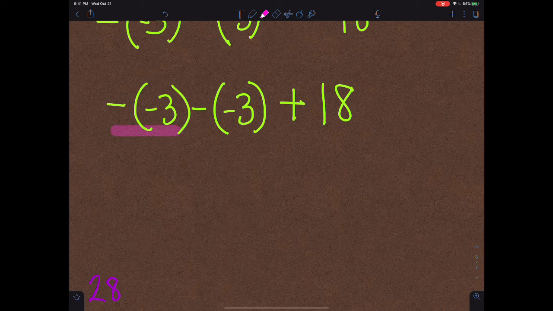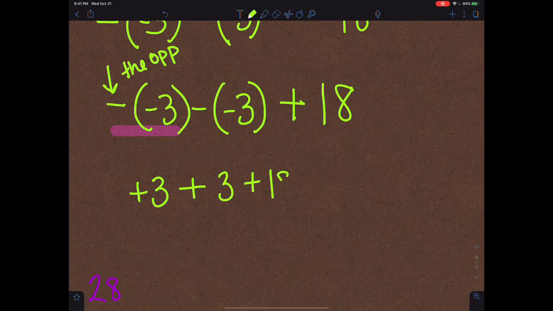I don't like any of this. So let's do minus a negative 3. This negative sign means the opposite of, and the opposite of negative 3 is going to be a positive 3. And then minus the other negative 3 is going to be plus 3, and then plus 18. So I think the answer is 24. Is that right? That's right.